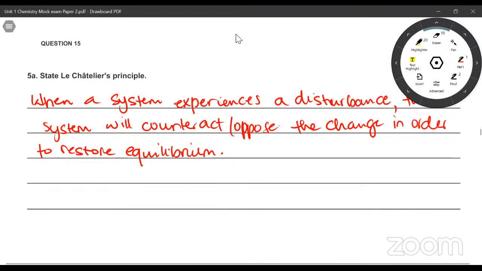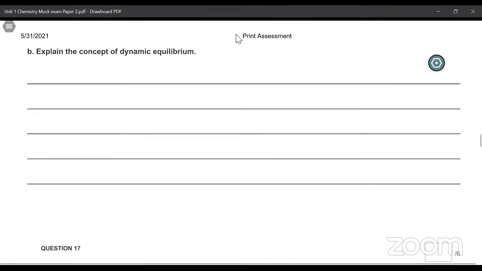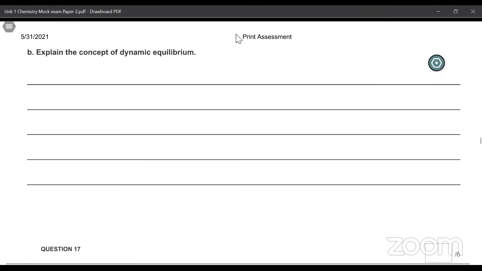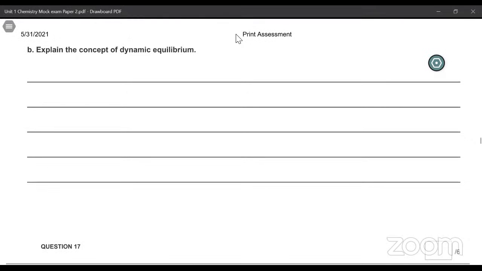All right, let's continue. Now, this wants you to explain the concept of dynamic equilibrium. Dynamic equilibrium is achieved when a reversible reaction occurs.